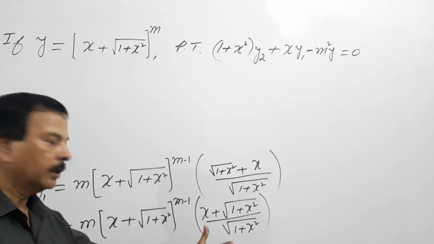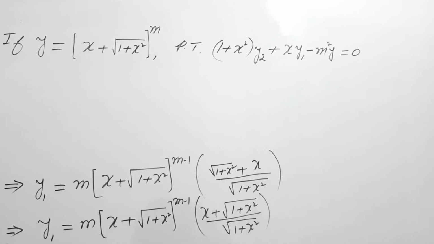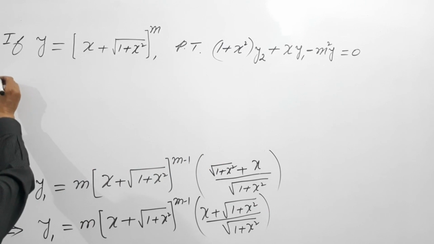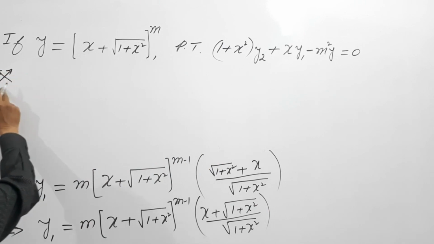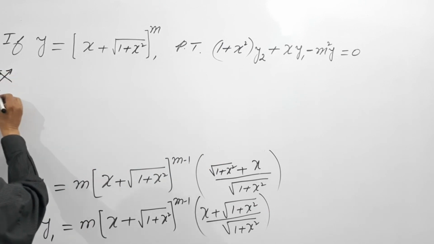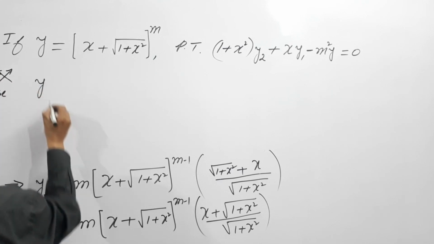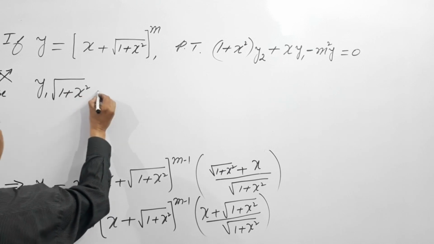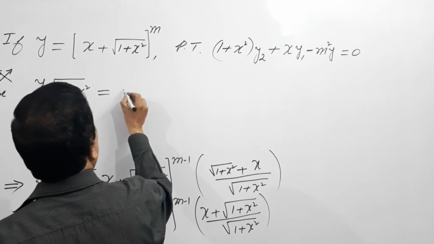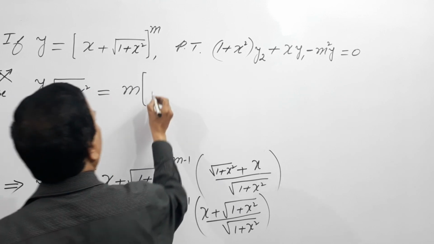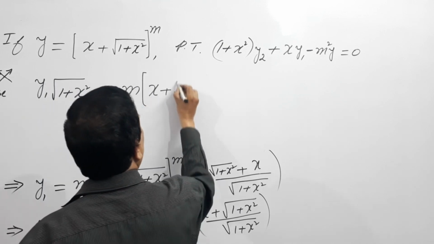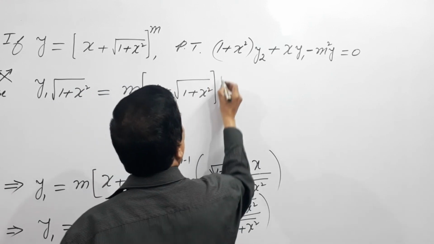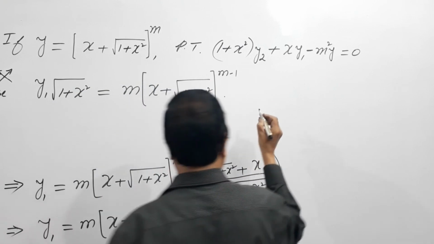After having reached this, I'll cross multiply. By cross multiplying, that is y1 into 1 plus x square equals to what? m into x plus under the root 1 plus x square to the power of m minus 1.